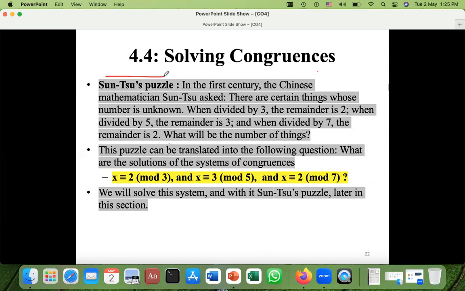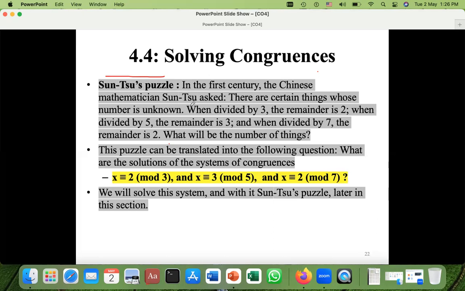This is a Chinese name, and this person asked some questions which are mentioned here. He said in the public that there are certain things whose number is unknown. You can imagine that he was saying it to scholarly people.